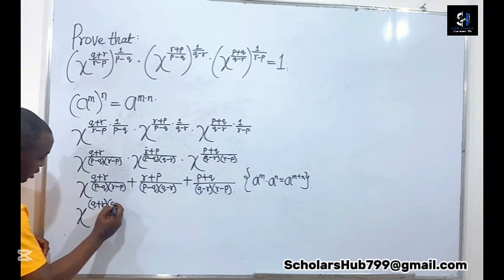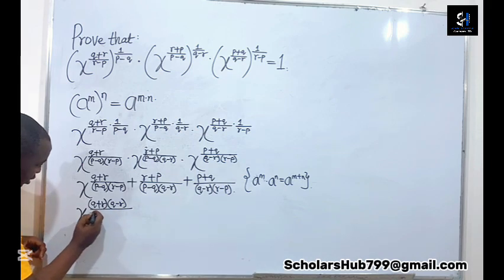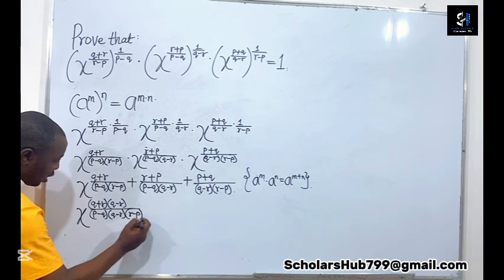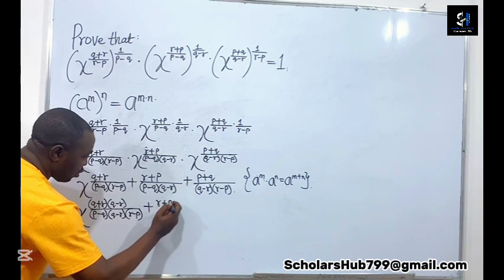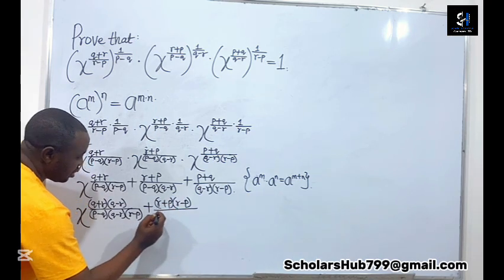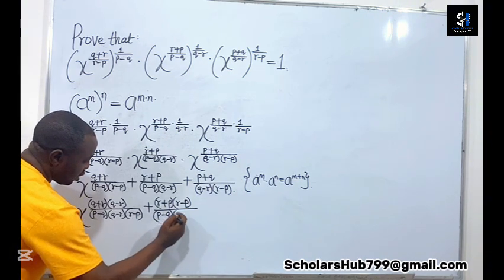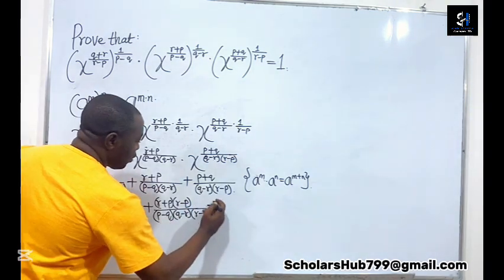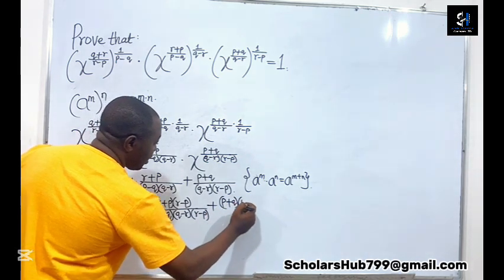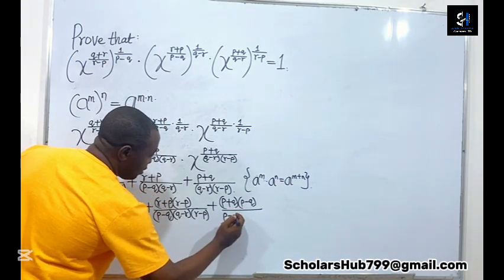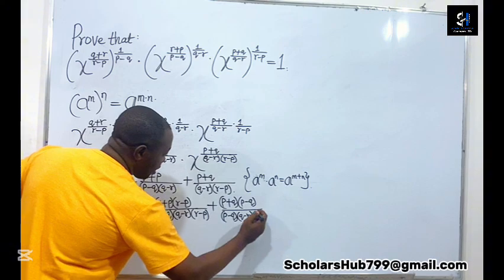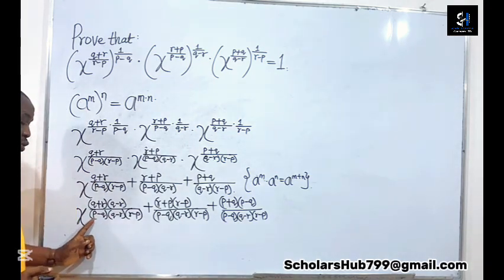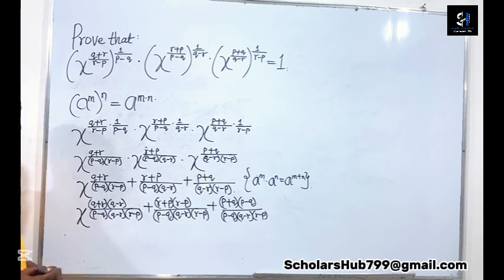I'll multiply this by (q minus r), over the product of (p minus q), (q minus r) and (r minus p), plus (r plus p) multiplied by (r minus p) over (p minus q) multiplied by (q minus r) multiplied by (r minus p), plus (p plus q) multiplied by (p minus q) over (p minus q) multiplied by (q minus r) multiplied by (r minus p). So now we have a common denominator.